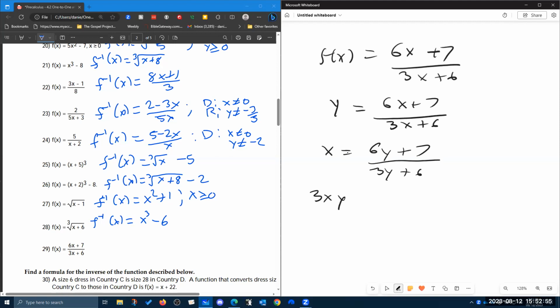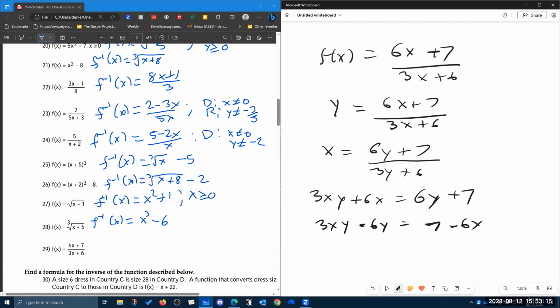Make this 3xy plus 6x is equal to 6y plus 7. This is more of an algebra 2 type problem where I've got y's on both sides. I need to get the y's on one side by themselves and the x's on the other side by themselves.